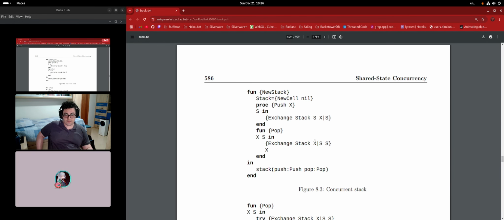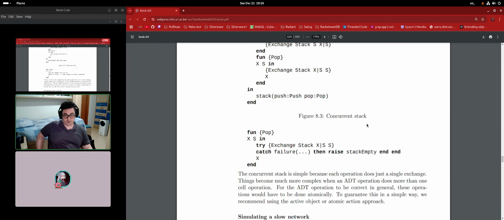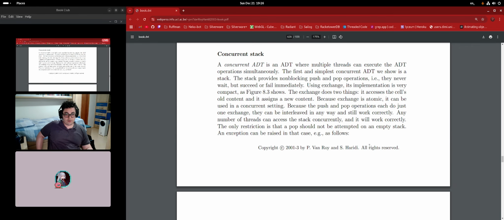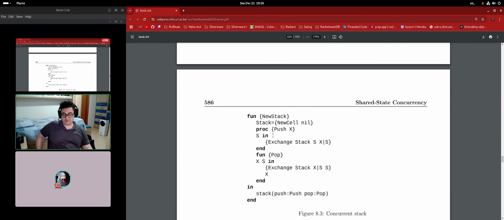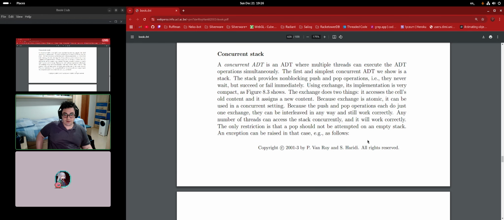We have the push and the pop, which is okay. And it's saying here exchange is atomic. It can be used in a concurrent setting. And then you ask yourself, okay, if we have this, what is the problem? And the answer is nothing. But then there is the explanation. Exchange only works if you only have to deal with one stateful thing at a time, right?